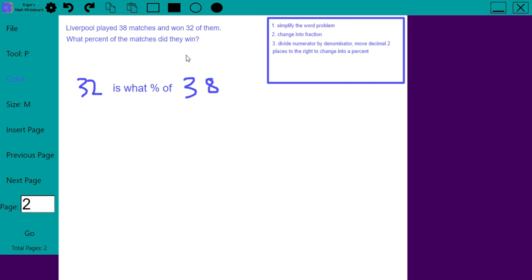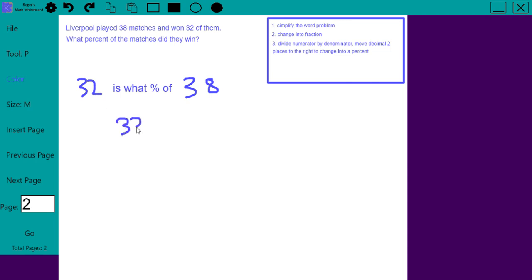And that's exactly what this word problem is trying to ask us to find. Alright, and the first thing we're going to need to do is change this into a fraction. So 32 over 38. The whole number is going to be our denominator here, and the number you're trying to change to a percent is going to be our numerator.